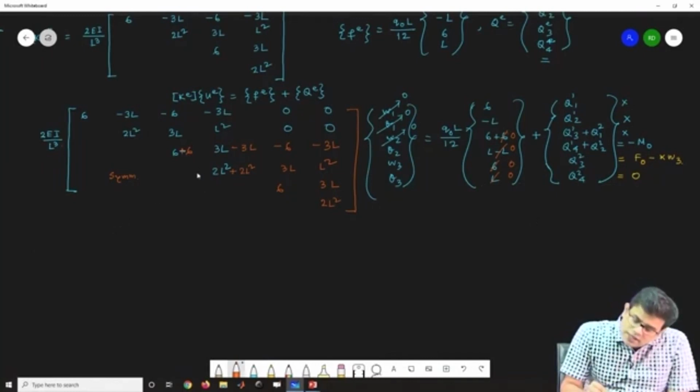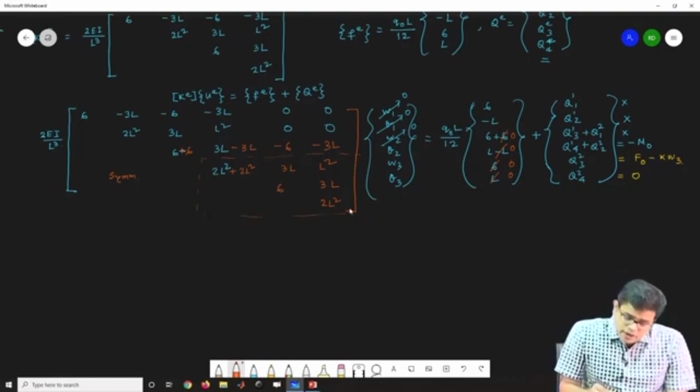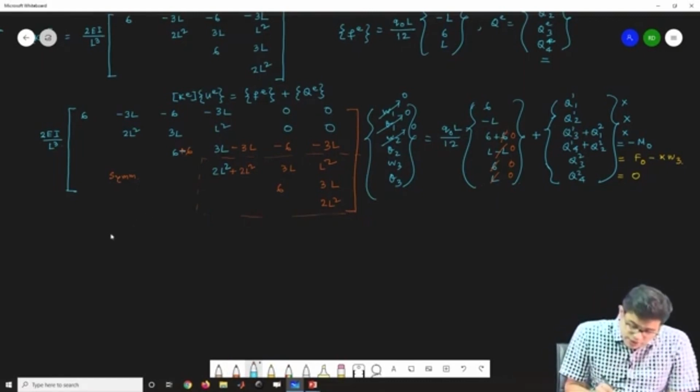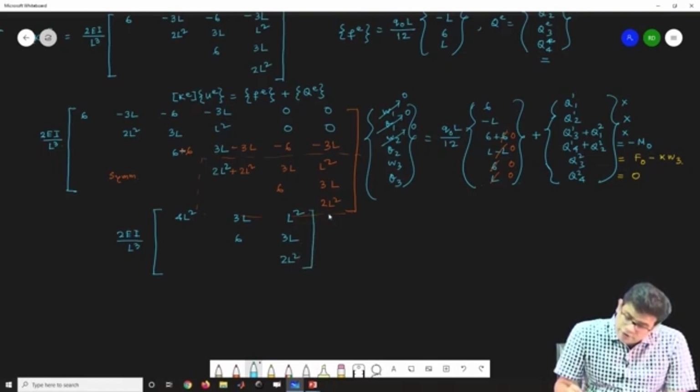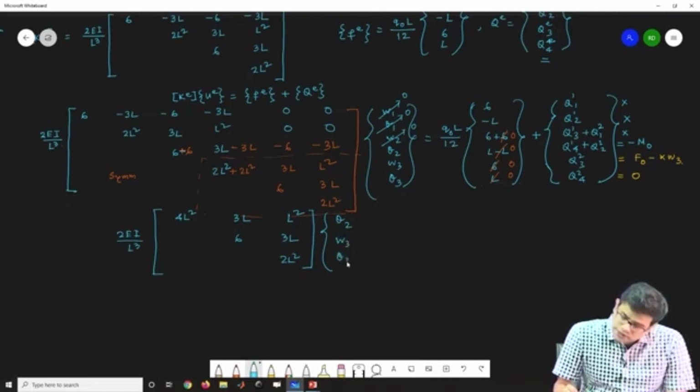I will have only these three components of the stiffness matrix, the reduced stiffness matrix, and then what we'll have is something like this: 2EI by L cube, then we'll have 4L square, 3L, L square, then 6, 3L, 2L square, then you will have theta 2, W3, theta 3.